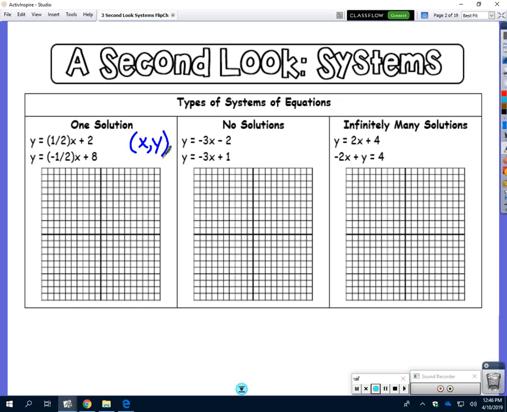So the way you would graph this is you always start with the y-intercept. That is the start. So place a dot on 2. The slope tells you the directions.